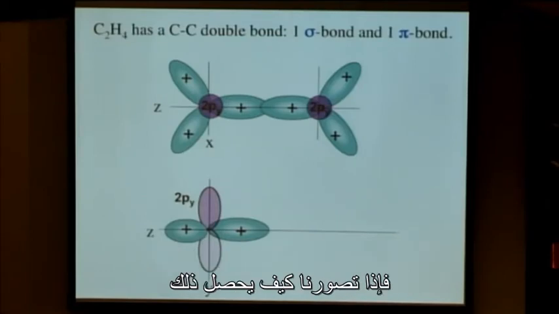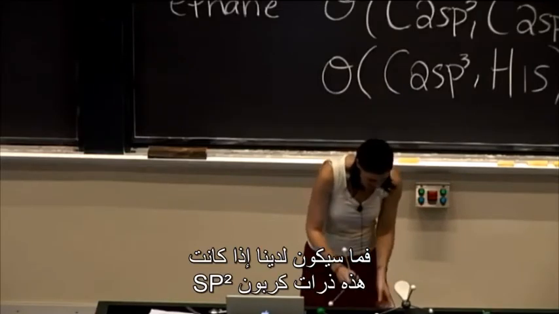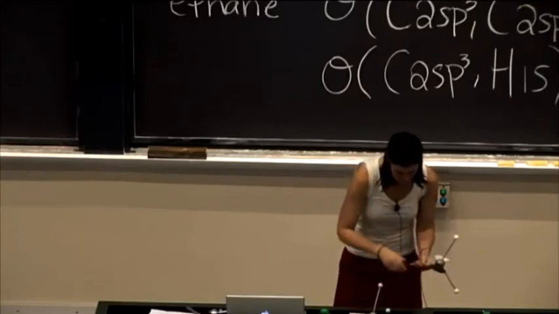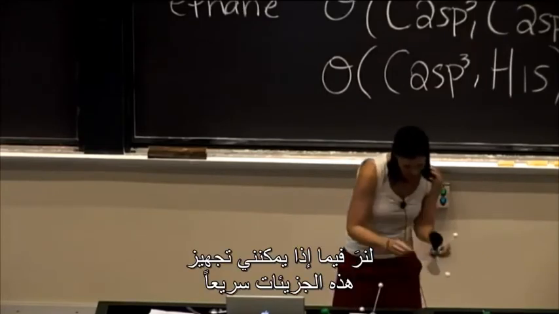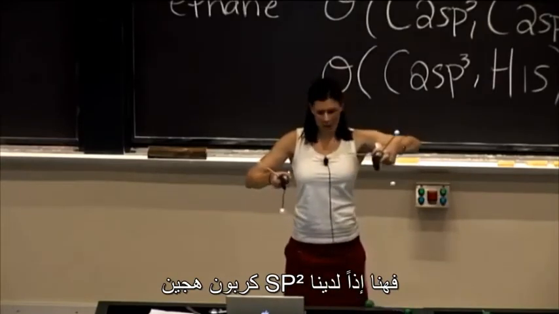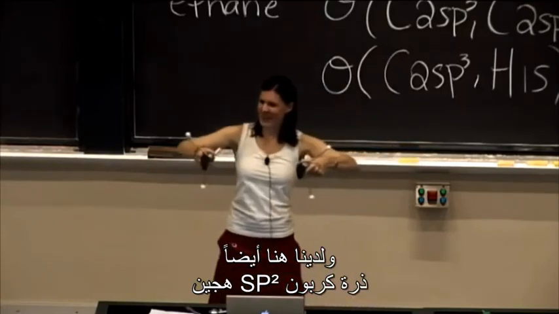So if we picture how this happens, what we have here, if these are our two sp2 carbon atoms, and let's see how quickly I can move these models around. So here we have an sp2 hybrid carbon, and here we have an sp2 hybrid carbon atom.